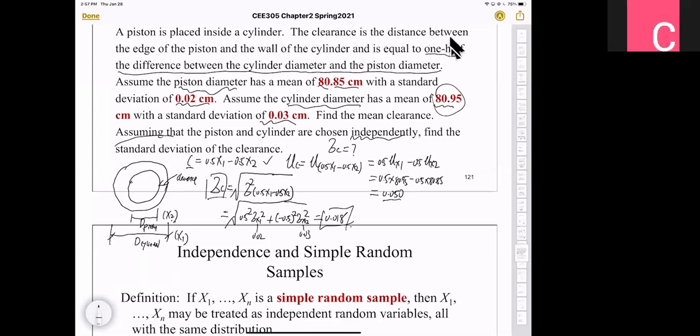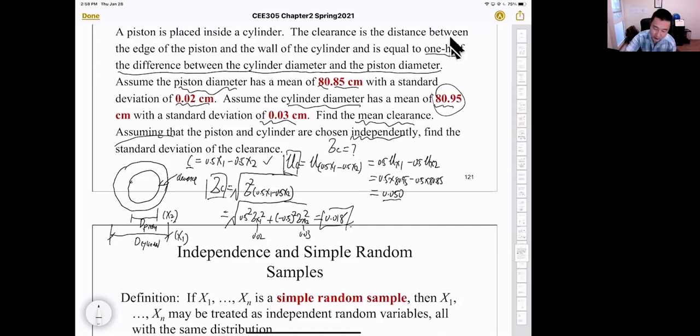Well, what does mu represent in this? Mu is the mean value. Because the question is asking for the mean clearance, which is mu c.